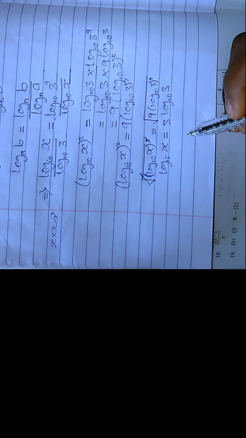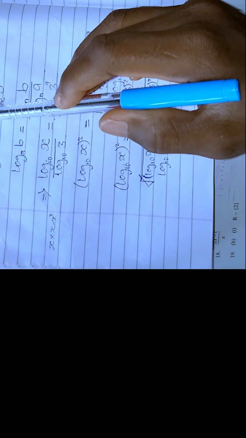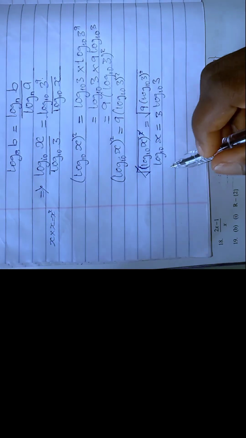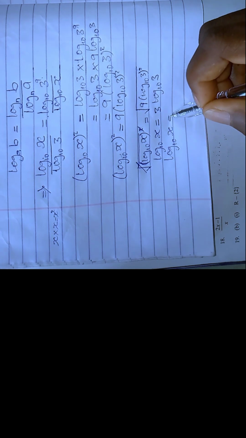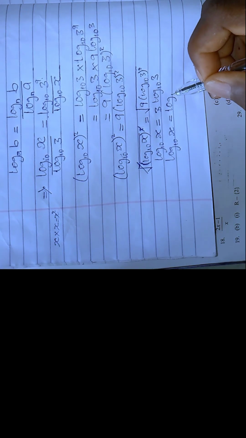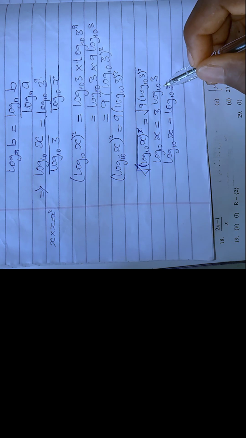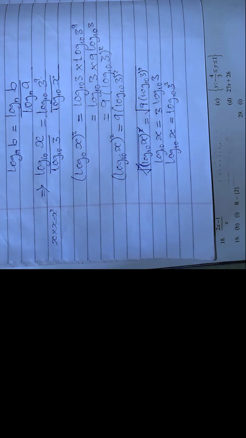From here we are still going to be applying this same rule that we talked about earlier. Bringing this 3 to become the power of 3 from this rule, you now have that the logarithm to base 10 of x is equal to the logarithm to base 10 of 3 raised to the power 3.